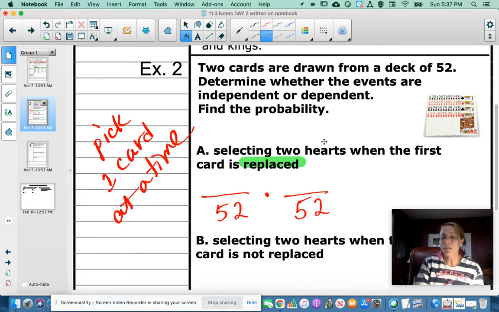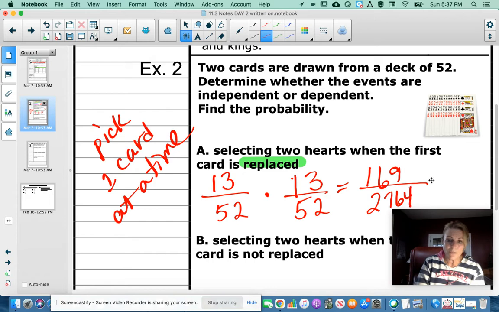The probability of selecting a heart: there are 13 hearts in a deck. I pick out my card, I put it back. I still have a 13 out of 52 chance of getting a heart on my second pick. 13 times 13 is 169, and 52 times 52 is 2704.